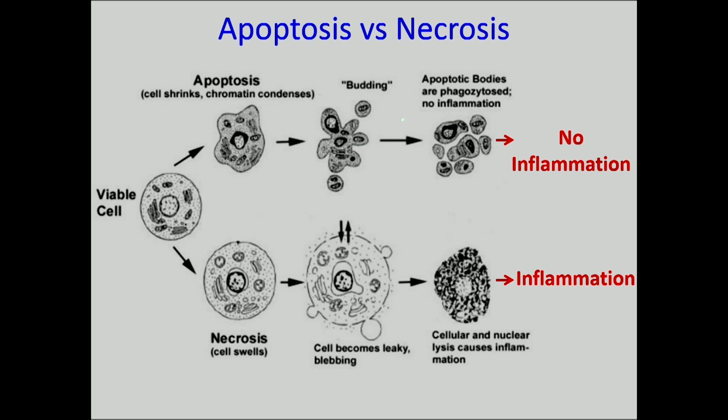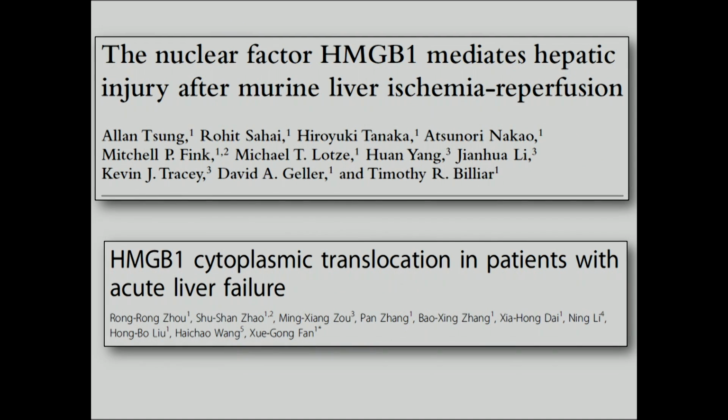Apoptosis is very neat and tidy. It doesn't result in an inflammatory response, but necrotic cell death causes in itself inflammation. And one of the reasons it causes inflammation is because some of the molecules that are spilled out in that tissue are specifically stimulating an inflammatory response.